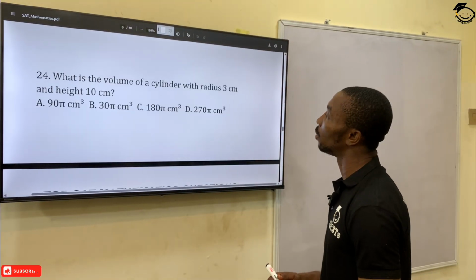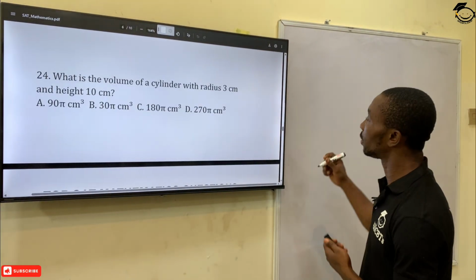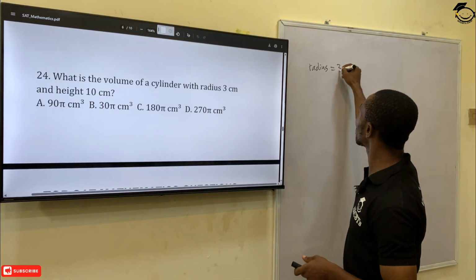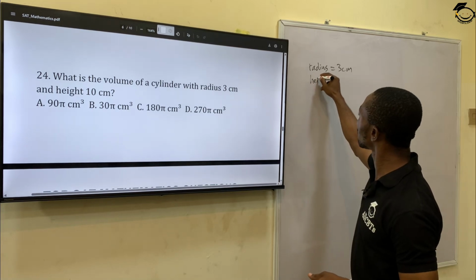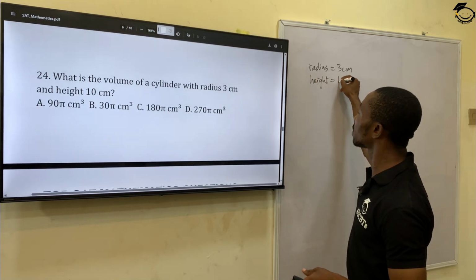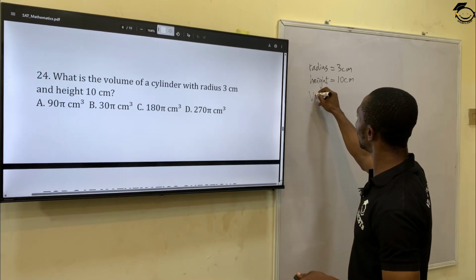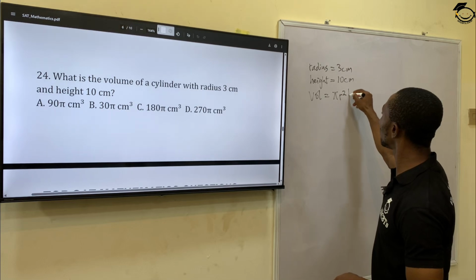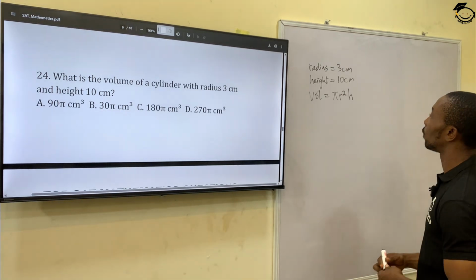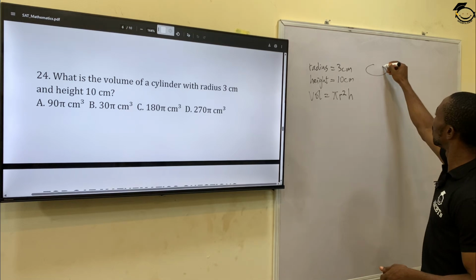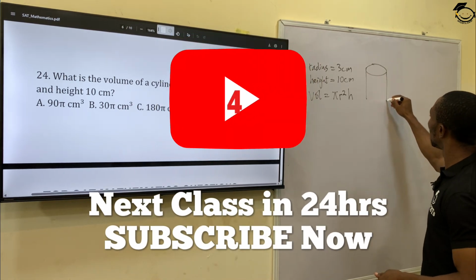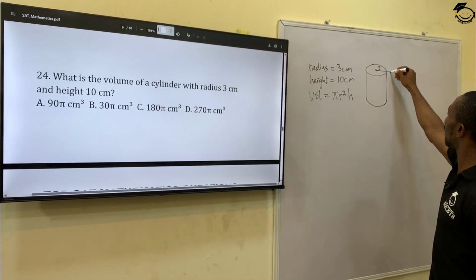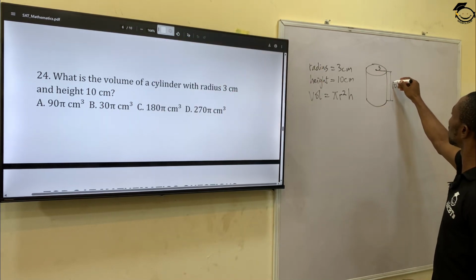What is the volume of a cylinder with radius 3 centimeters and height 10 centimeters? Now volume is going to be pi r squared h, since we are looking at the volume of a cylinder. Now they say the radius is 3 and the height is 10.